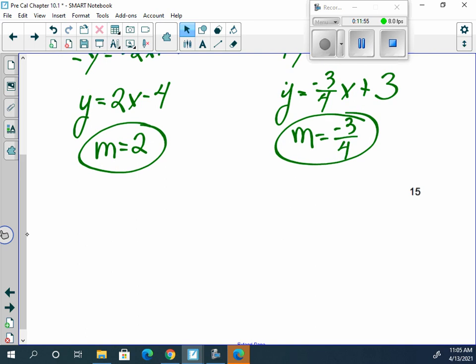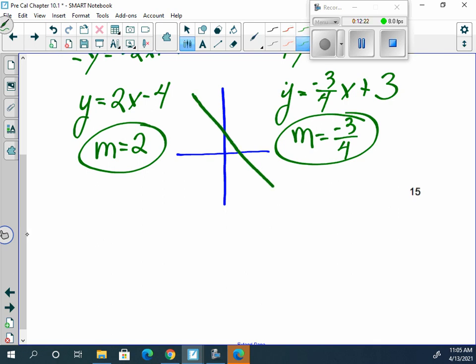Now again, we said theta 2 is going to be the bigger of the two angles, whichever they are. Now looking at this here, which one's going to have the bigger angle? The negative 3/4, because when we look at a graph, negative 3/4 x plus 3 would be something like this here. The slope 2 would be something like this here, and they're not going to intersect right there.